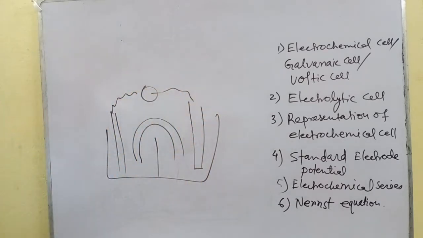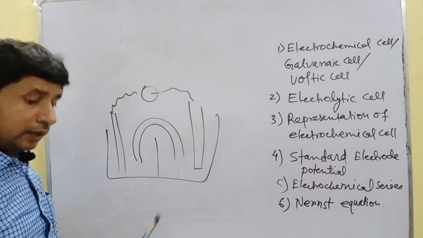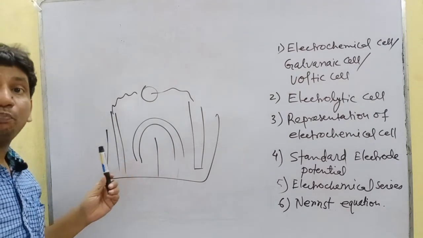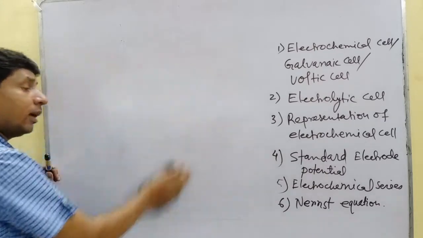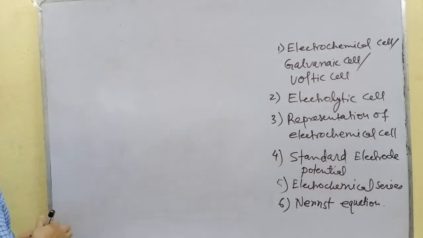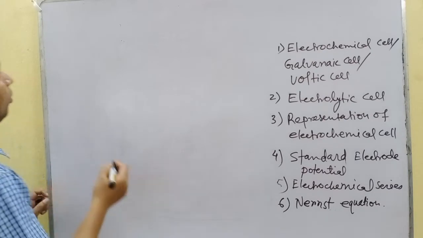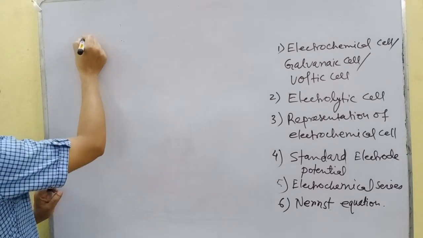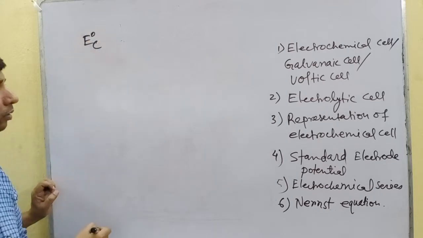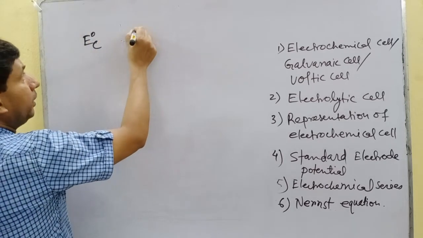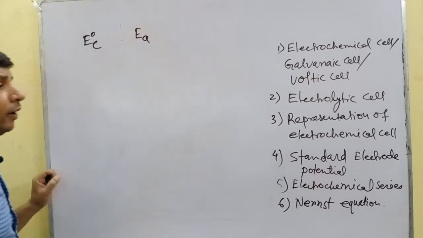no problem. তাহলে এই যে ব্যাপারটা, অর্থাৎ এইখানে আমরা কি করে বুঝবো যে কার অক্সিডেশন হচ্ছে, কার রিডাকশন হচ্ছে এবং তার পোটেনশিয়ালটা কীরকম হবে? Now at standard electrode potential, that's E0 cathode and E0 anode, we can define in this way.